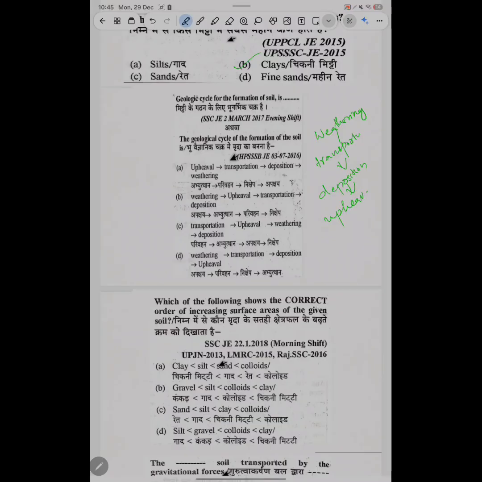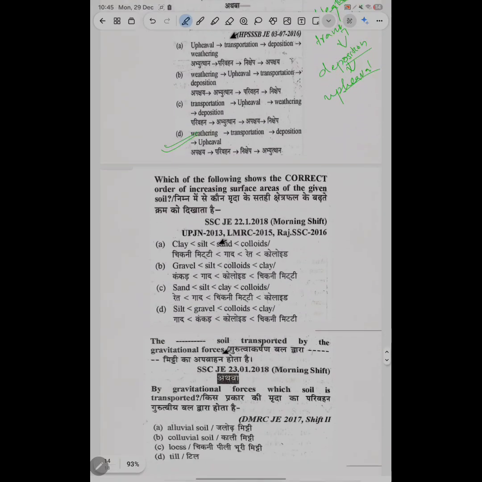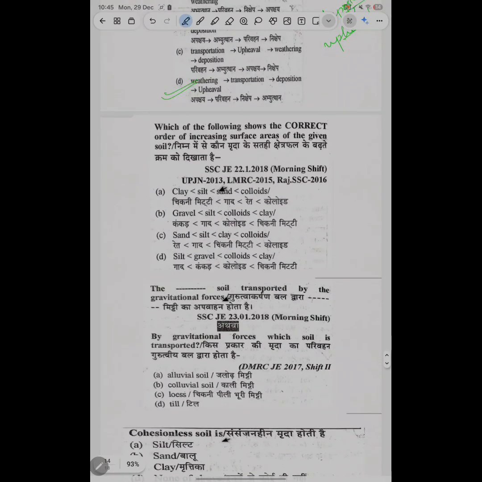So these are the stages in the formation of soil. So first is weathering of rock, then it gets transported to a new location, there it gets deposited, and upheaval. So option D: weathering, transportation, deposition and upheaval. Then next, which of the following shows the correct order of increasing surface areas of the given soil?